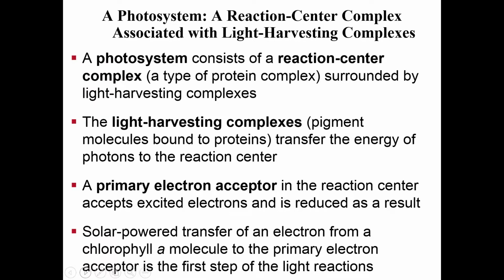Alright, so as I previously mentioned, we talked about these clusters of pigment molecules embedded in the thylakoid membrane. We call this clustering of pigment molecules a photosystem. Now, the photosystem consists of a centrally located, specialized pigment molecule called a reaction center complex.